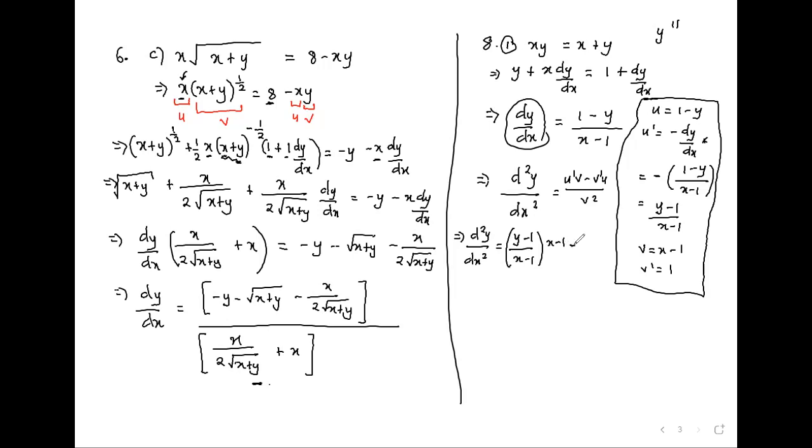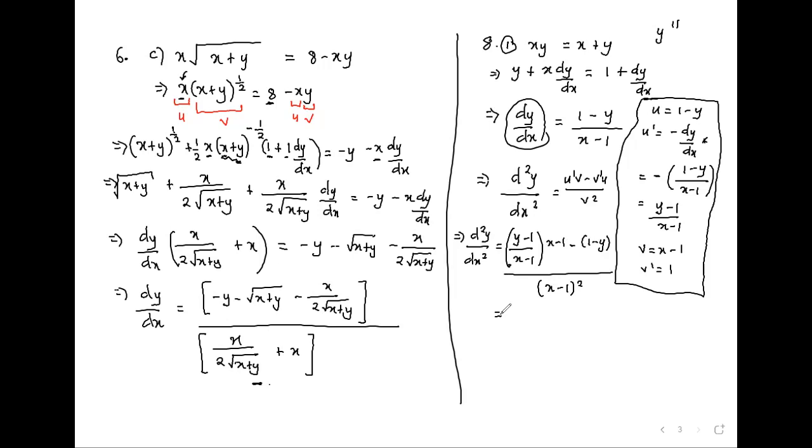And then minus v prime, which is just 1, multiplied by u, and the u is 1 minus y, over v squared, and that is (x minus 1) squared.